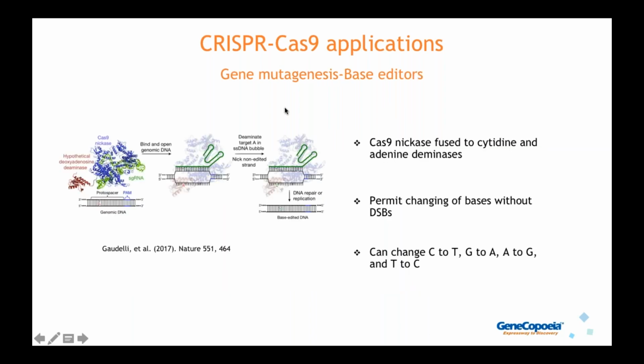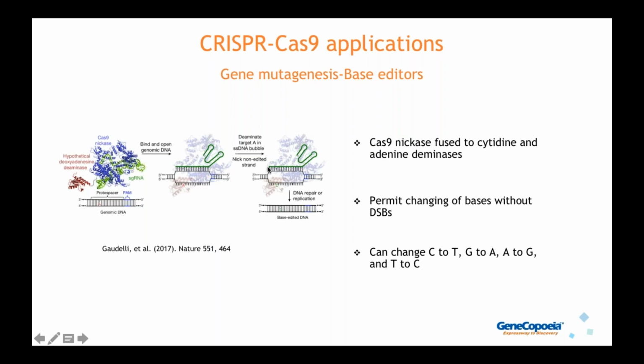Another way to do gene mutagenesis is to use base editors. This, as I mentioned before, does not cause double-strand breaks. Instead, these are cytidine or adenine deaminases that are fused to a special version of Cas9 known as Cas9 nickase, which can only make one cut.